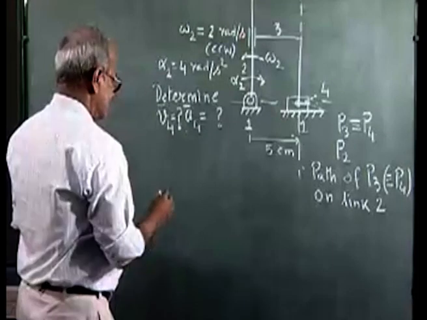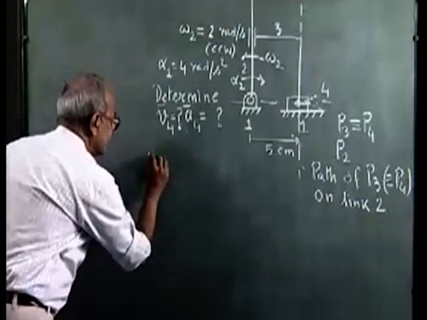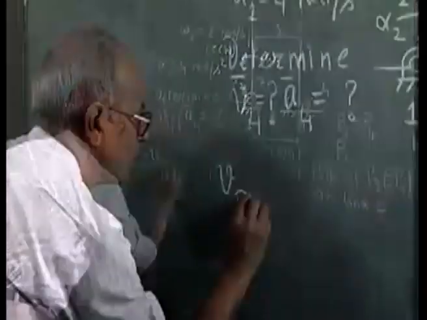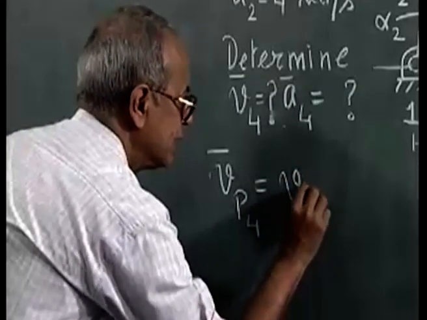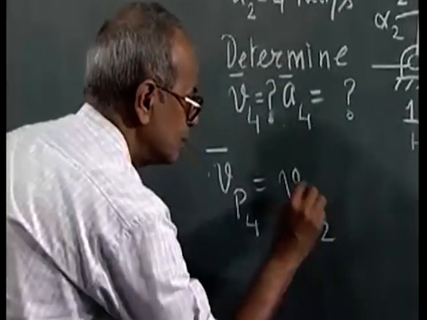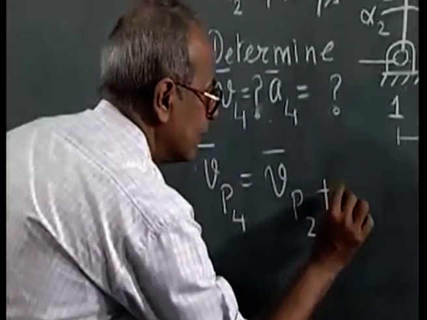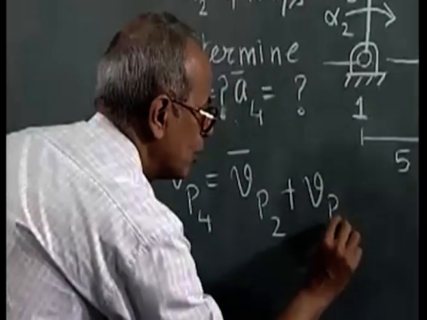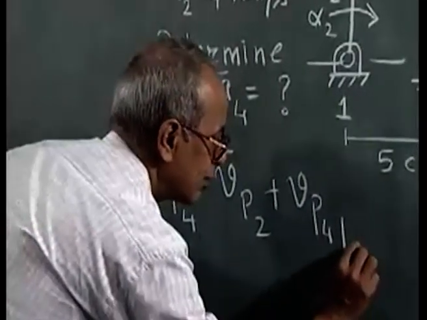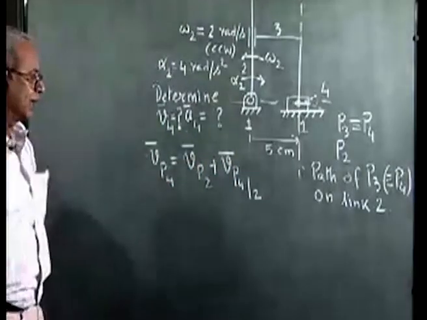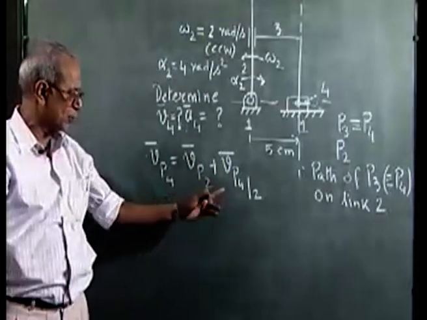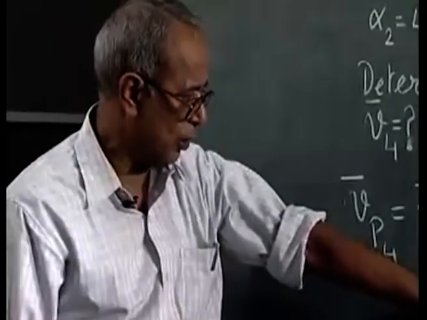Now we can write that velocity of P4 is velocity of P2 plus velocity of P4 on link 2. This relation we have derived earlier between coincident points belonging to two different links 2 and 4.